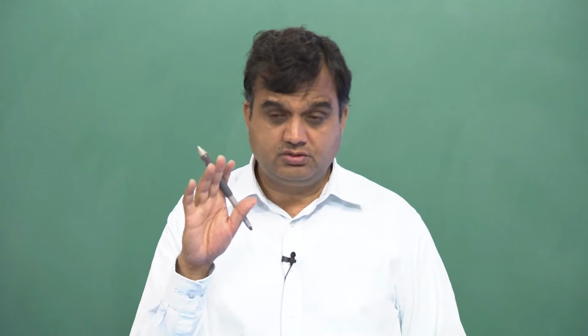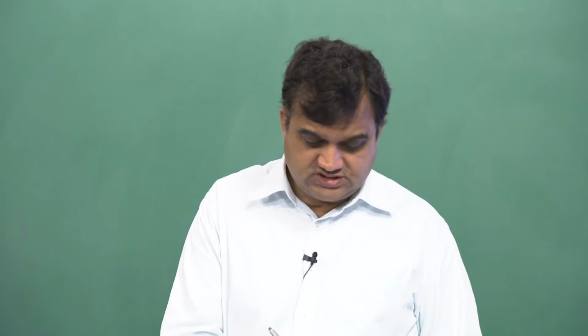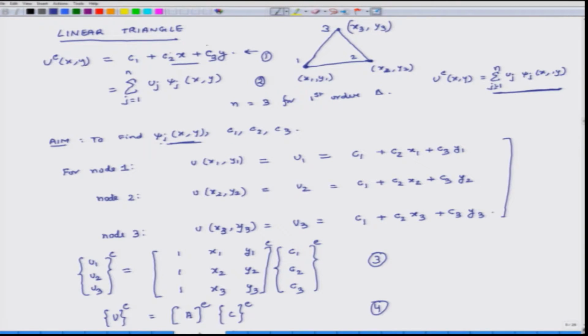These C's do not have any physical meaning, so we are trying to express C's in terms of U's. We do not know U's also, we know x1, y1, but we are trying to express C's in terms of the coordinates of the nodes and the displacement or the variables at those specific nodes.